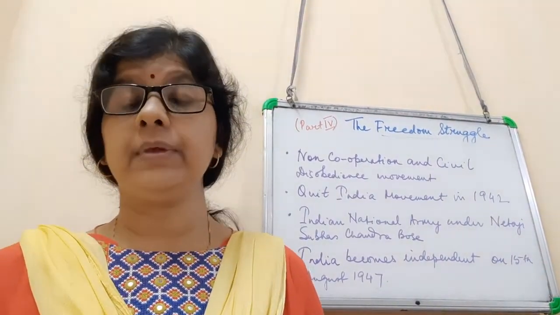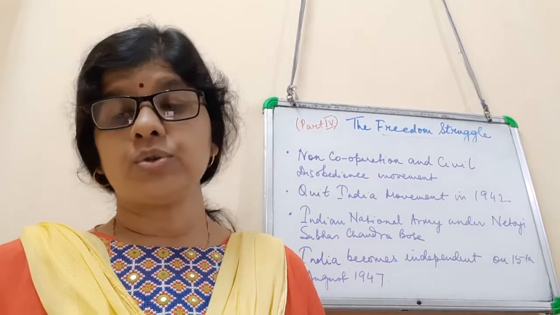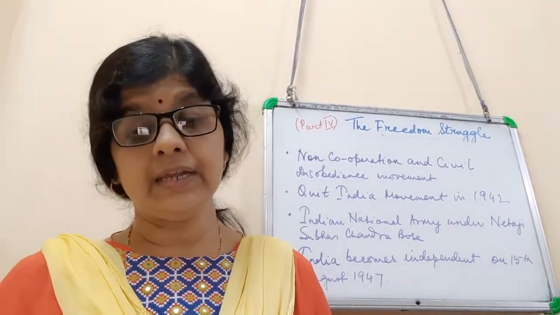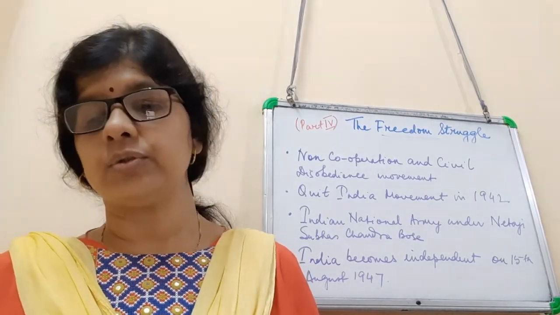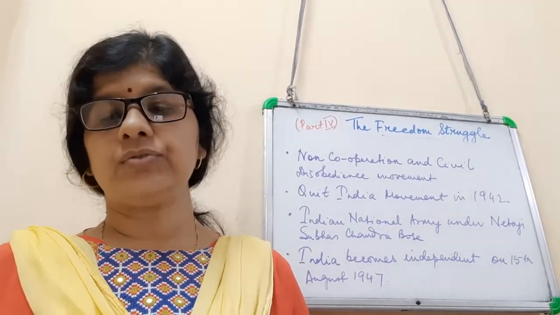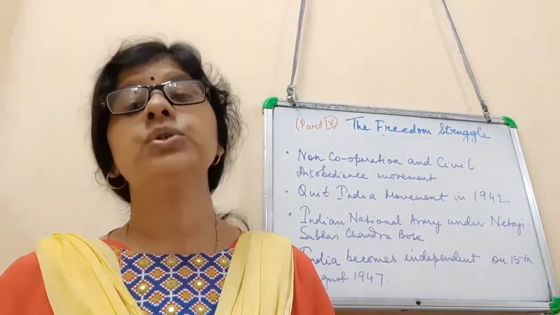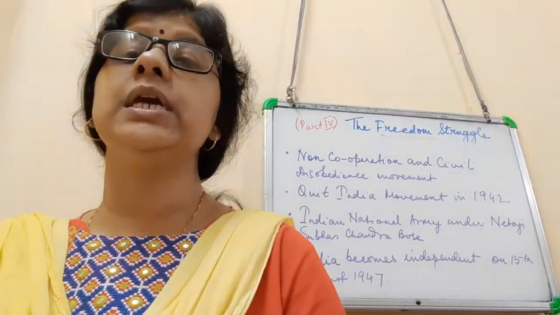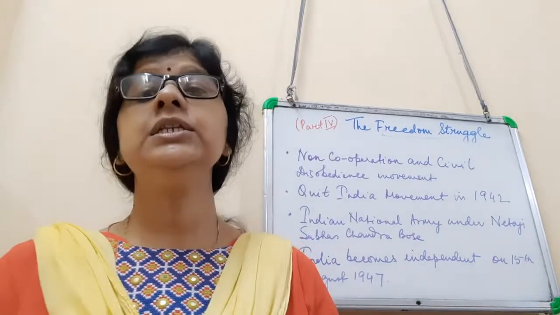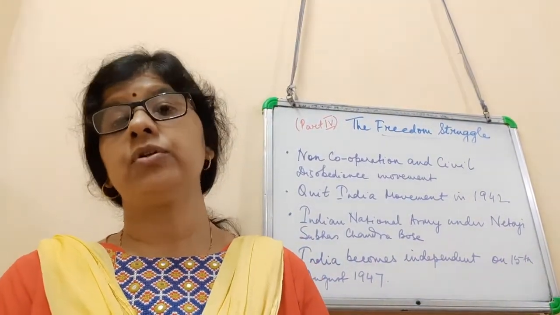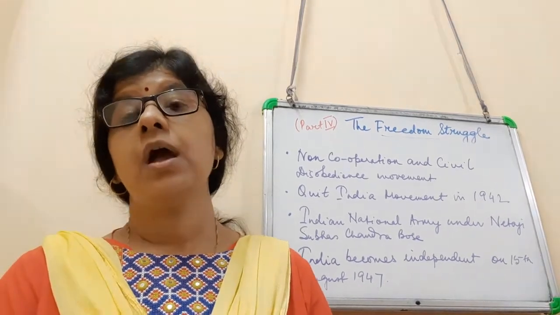Indian National Army. Subhash Chandra Bose, or Netaji, also contributed to the freedom struggle movement. He believed in violent methods to overthrow the British. In 1943, he took charge of the Indian National Army, which was also called the Azad Hind Fauj. It was actually not formed in India.